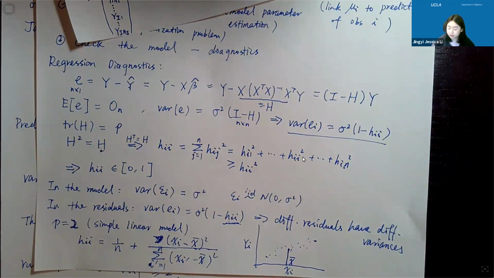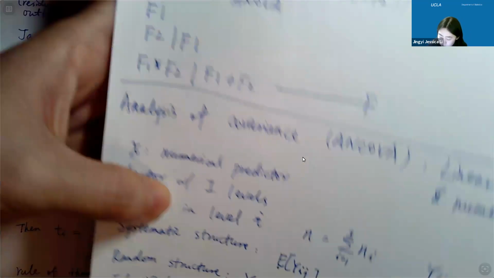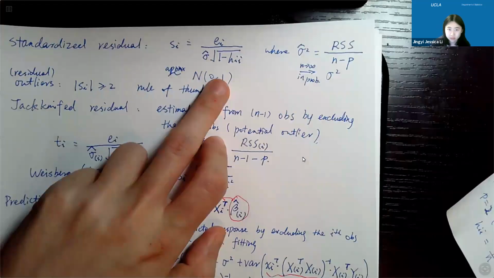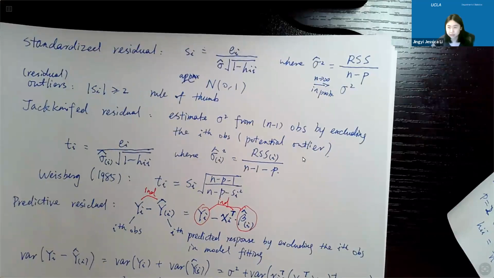So in the standardization, we need to involve the unknown term sigma squared, sigma. Since we don't know it, we must replace it by sigma hat. Then the key question is, how do we find sigma hat? The simple way is just to use the sigma hat obtained from our regression.